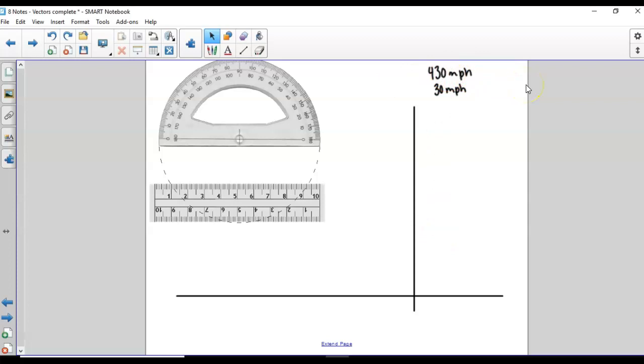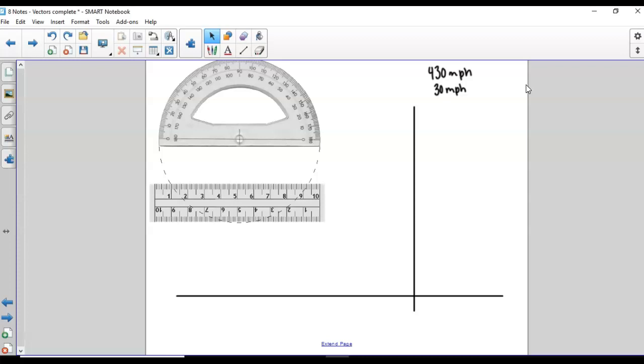Okay, so 430 miles per hour. I could say 1 centimeter equals 1 mile per hour, but if I do that, then I've got to have a paper that's 430 centimeters long, and I don't have that.